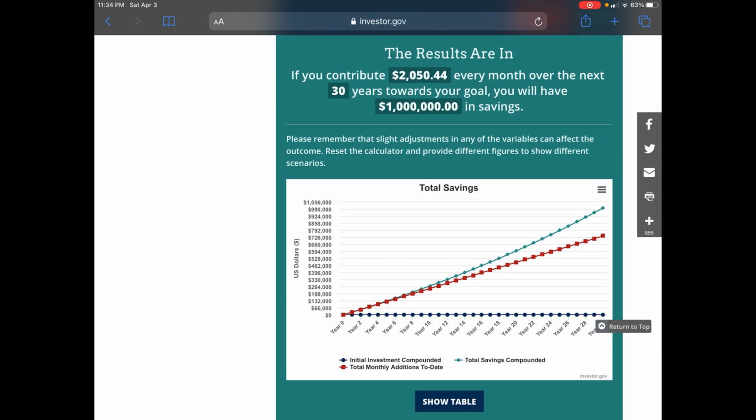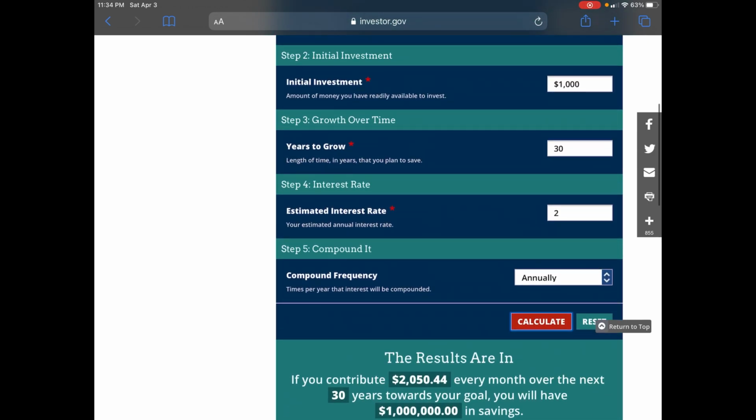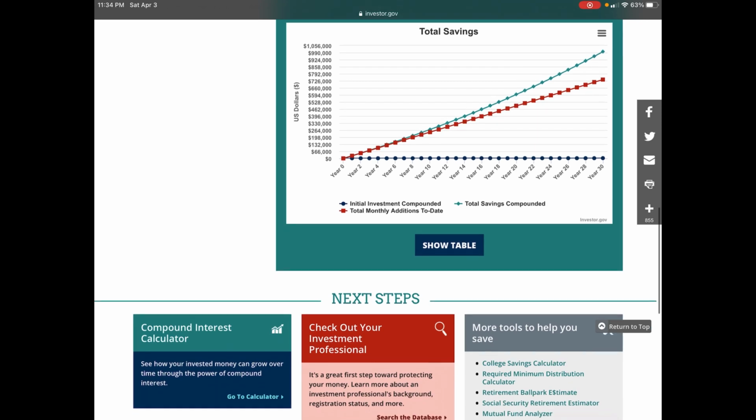Alright, look at this, guys. You have to contribute $2,050.44 every month over the next 30 years in order for you to reach your goal to get $1 million with a 2% interest rate in your savings account.